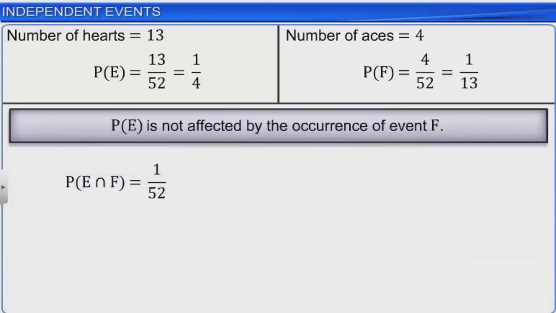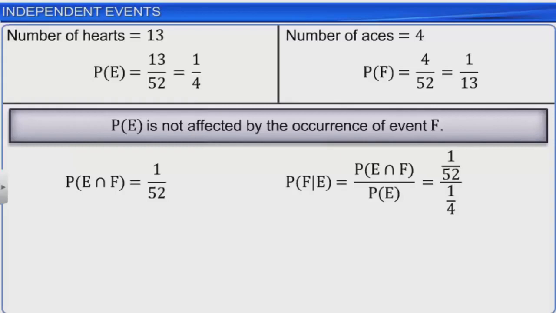Now, the conditional probability of event F, given that event E has occurred, is equal to the probability of E intersection F divided by the probability of event E. This is equal to 1 divided by 52 whole divided by 1 divided by 4.